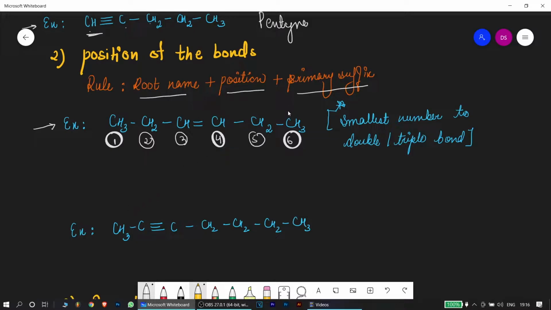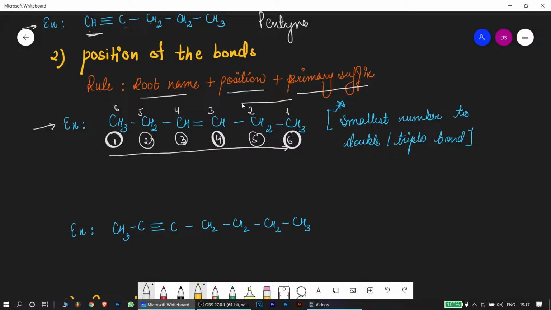Now if we start numbering from the other side, 1, 2, 3, 4, 5, 6, the numbering of the carbons can be done from either of the sides in this case, because if we start from here to here, the double bond position is 3, right?